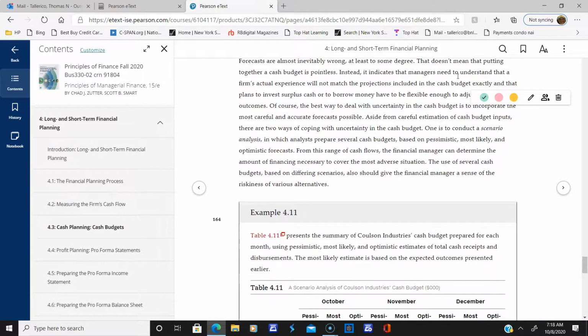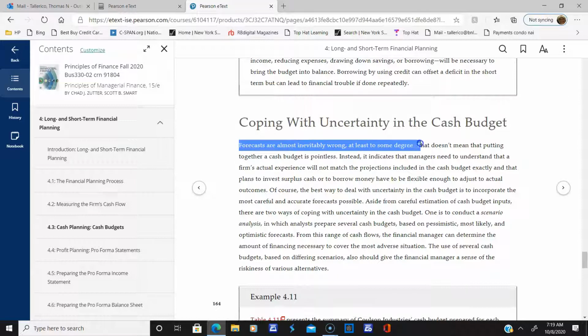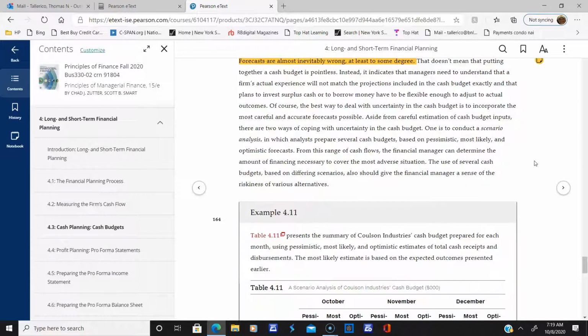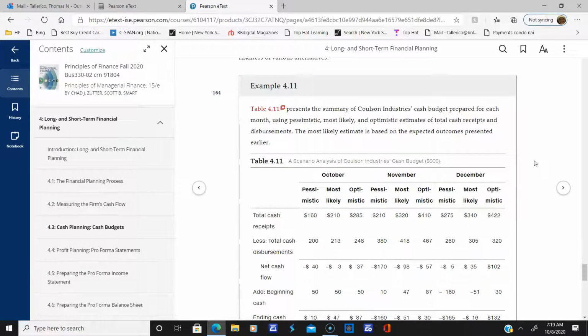Now there's uncertainty because sometimes your forecasts are not right. We all make mistakes. So what they do with regard to that is make 3 columns. Here's my most likely, which is what we just calculated.